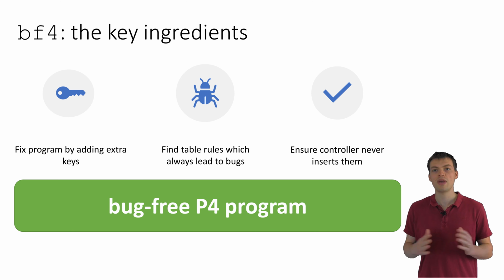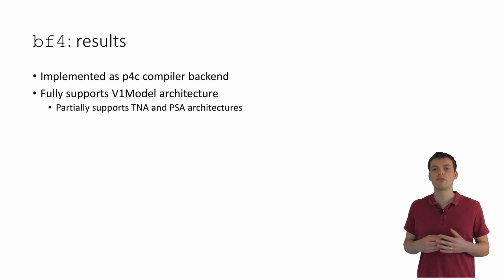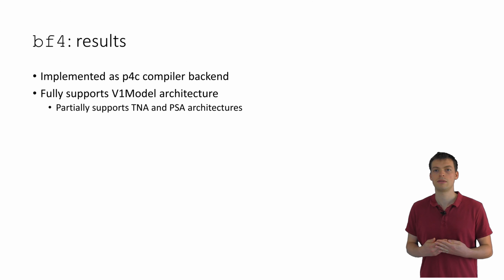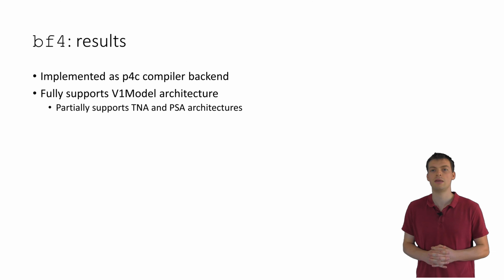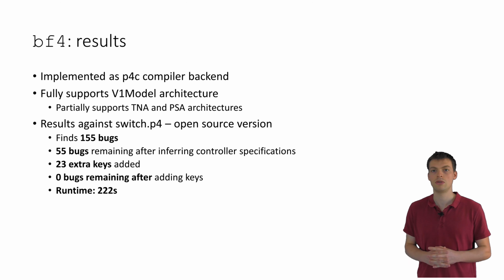Okay, now that we have all the pieces together, let me now show you how bf4 works against some example P4 programs. First of all, bf4 is implemented as a P4C compiler backend with full support for V1 model and partial support for TNA and PSA architectures.